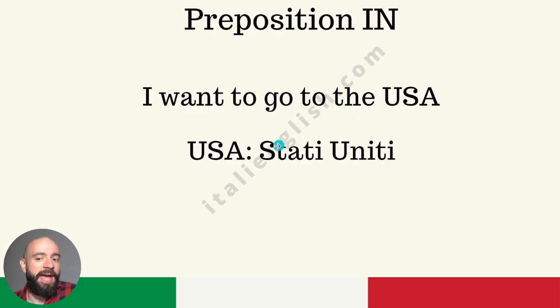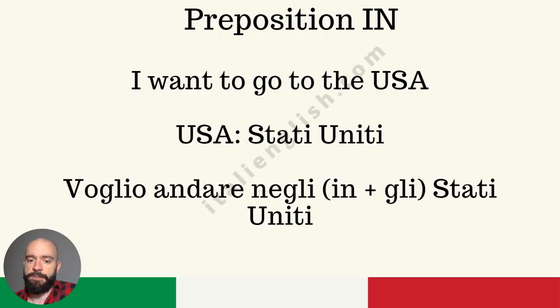It's plural and starts with ST. So think twice about this and give me the translation of this sentence, which is voglio andare negli, which is the combination of in plus gli Stati Uniti. The article is gli because it's a masculine plural word and it starts with st. So gli is the proper article plus in, the combination is negli. If in your notes you wrote down voglio andare in gli Stati Uniti, that's okay to me.